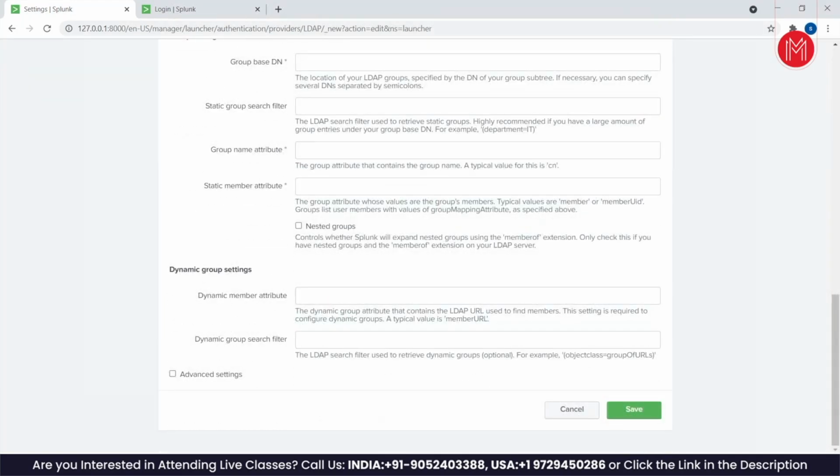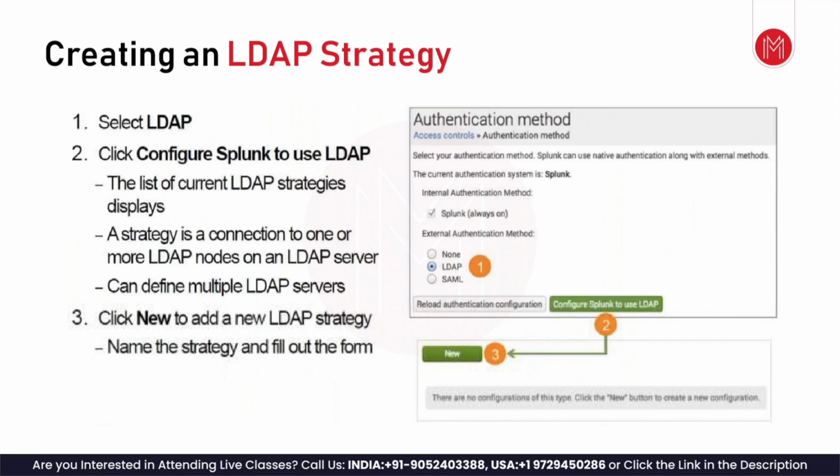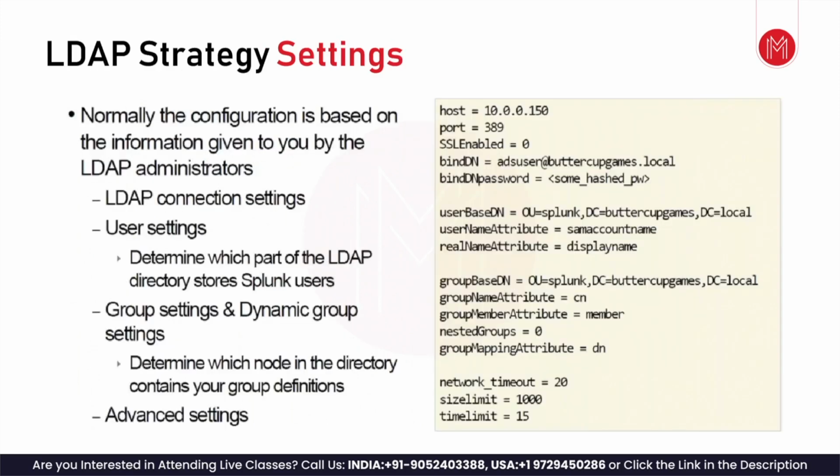So you need to give all this information and save it. If you see here, normally the configuration is based on information given to you by LDAP administrators. LDAP is nothing but lightweight directory access protocol. So LDAP connection settings, user settings determine which part of the LDAP directory stores Splunk users, and group settings, dynamic group.